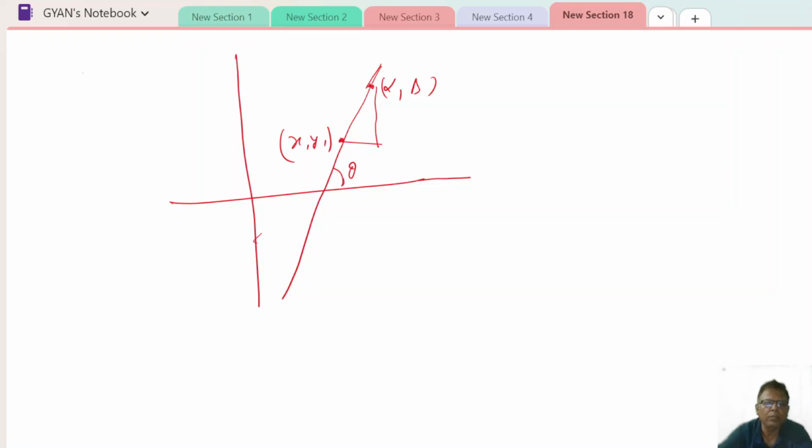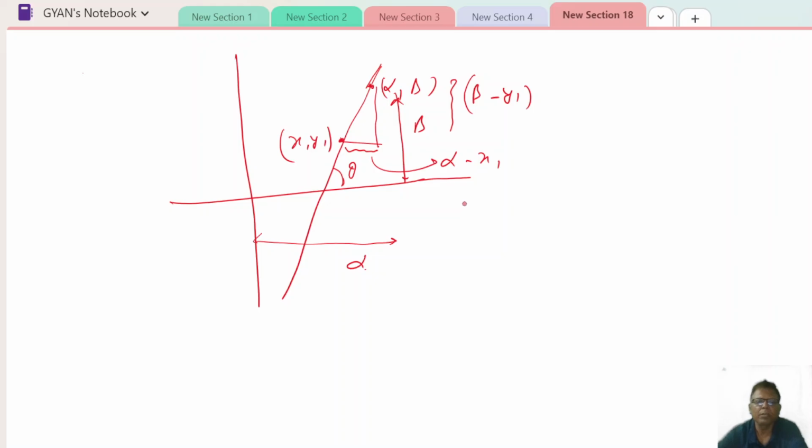Alpha is the total distance from here to here, and here to here it is beta. So this distance will be alpha minus x1, and this distance is beta minus y1. So this angle theta, this will also be angle theta. So tan theta is equal to (beta minus y1) divided by (alpha minus x1).